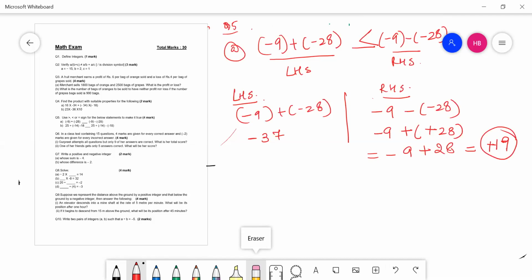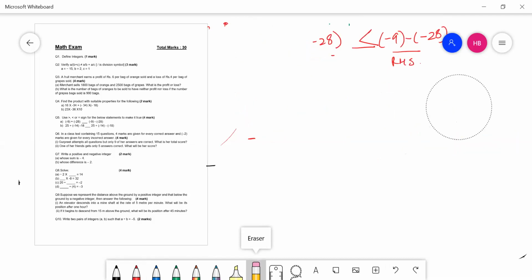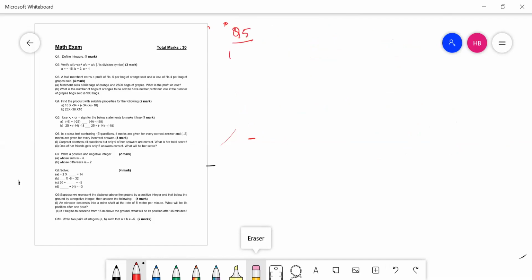Okay, now let's solve the B part of the question. Question 5, B part. It is saying 25 plus minus 14 minus 18.